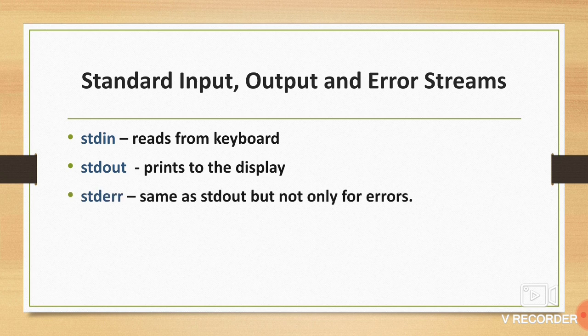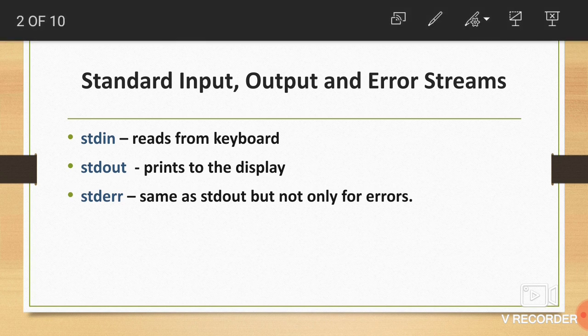And third is STDERR, the standard error stream. STDERR, standard error, is the same as STDOUT, but it is only for errors. Why is it the same as the standard output device, STDOUT? The monitor is used to display the output onto the screen.